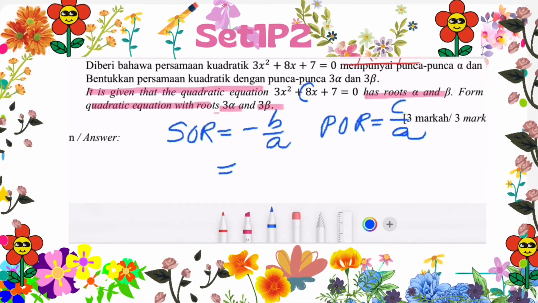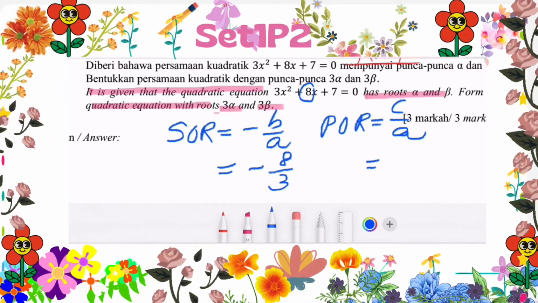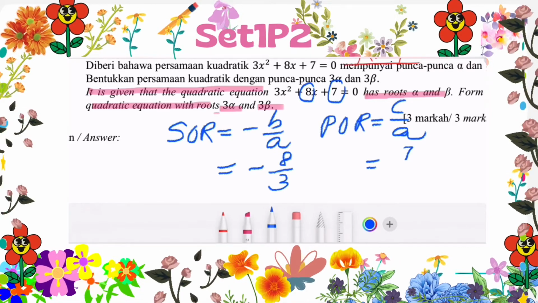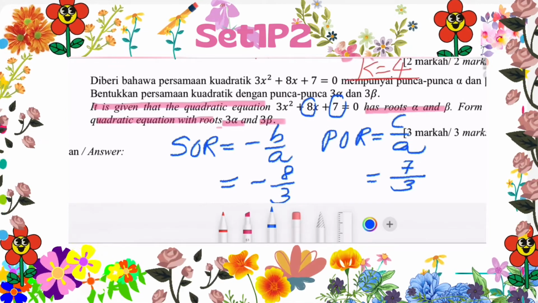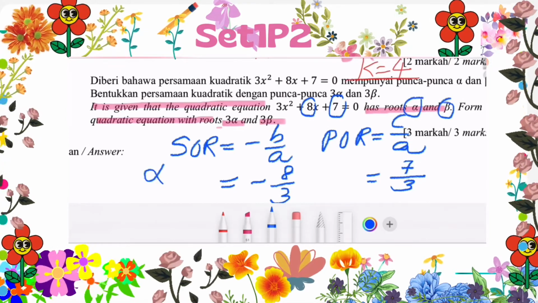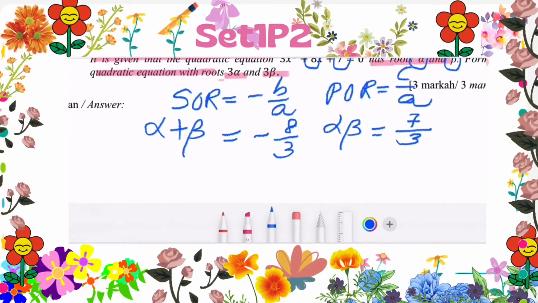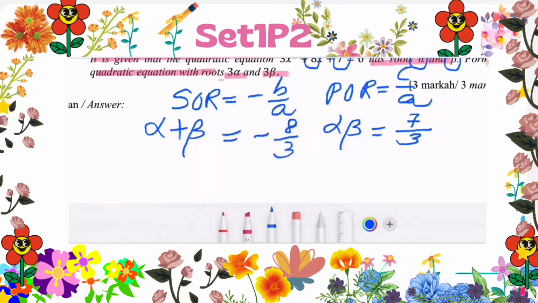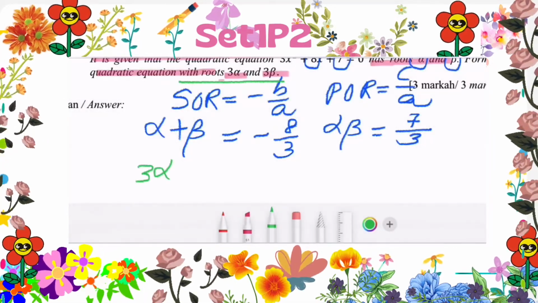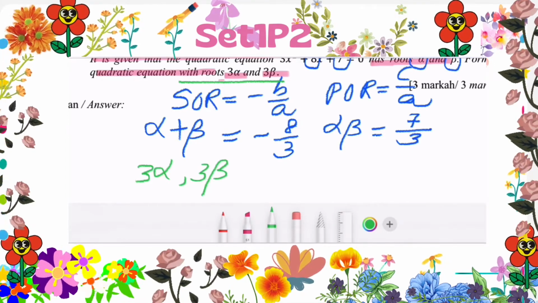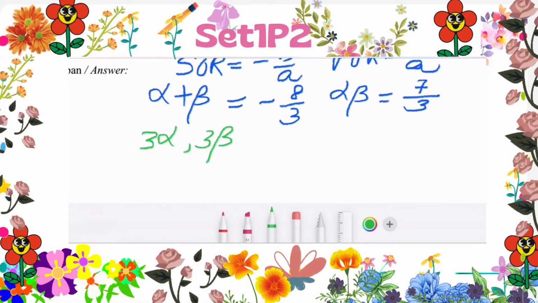So by looking at here, this is b over a, negative 8/3, and here will be c over a, 7/3, and the roots are alpha and beta, so we use alpha plus beta and alpha beta. Then we are asked to form a new equation. The new equation comes with the roots 3 alpha and 3 beta. These are the new roots.